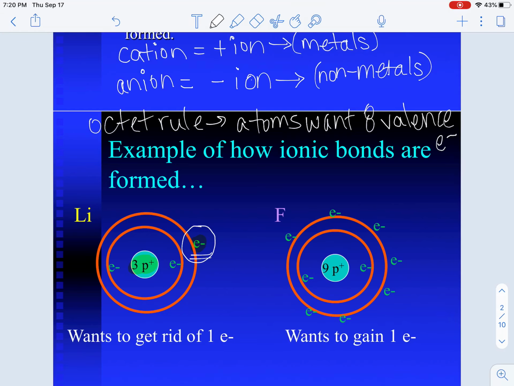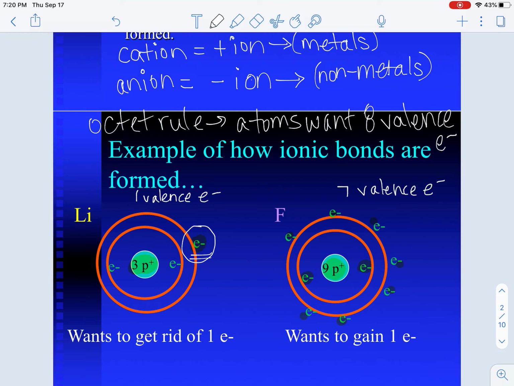Fluorine is atomic number 9, which is why you see the 9 protons here in the middle. And if you count up the total electrons, there's 2 on the inner energy shell, and there should be 7 around the outside. So we have lithium that has 1 valence electron, and fluorine that has 7 valence electrons.